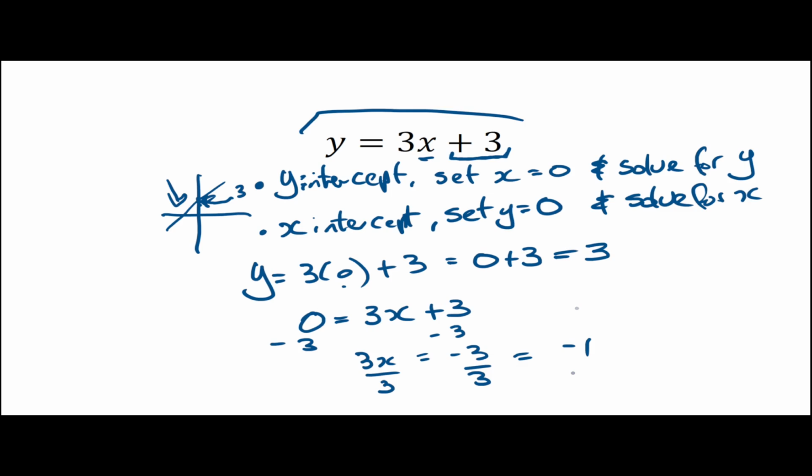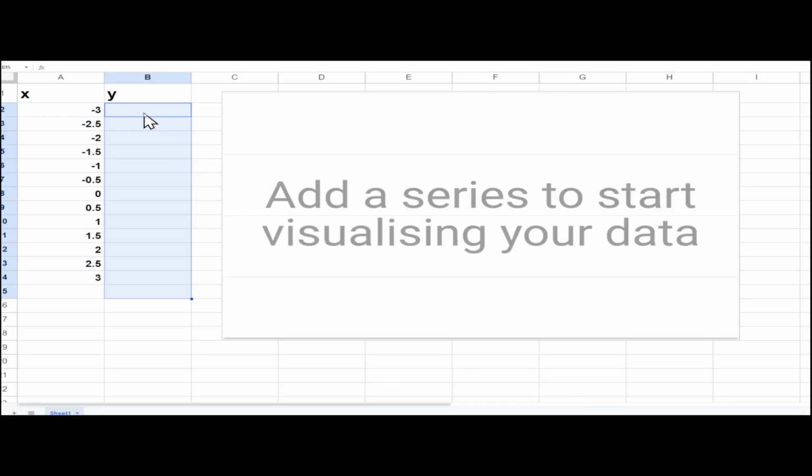And if we go onto a spreadsheet, any spreadsheet will do this. So it was 3x plus 3. So what I'm going to do is tell whatever's in this cell here, take whatever's to the left of it, which is the x value, put in that number and get 3 times whatever is in that cell plus 3.